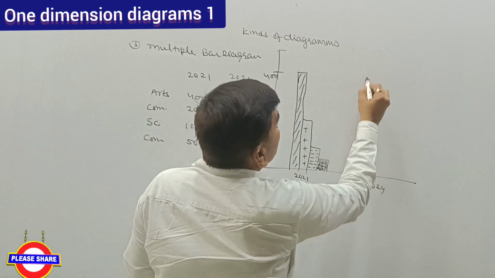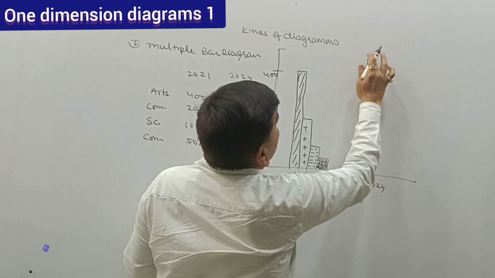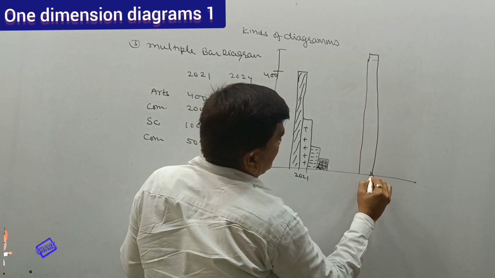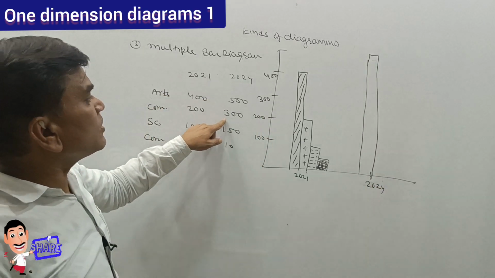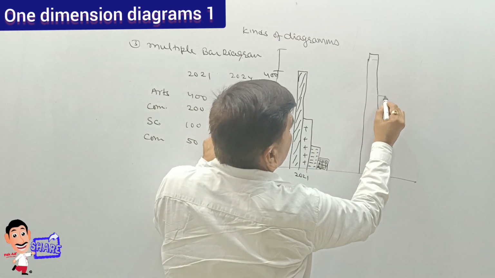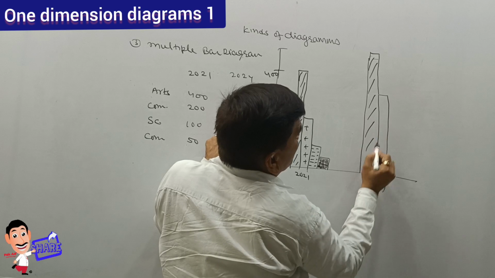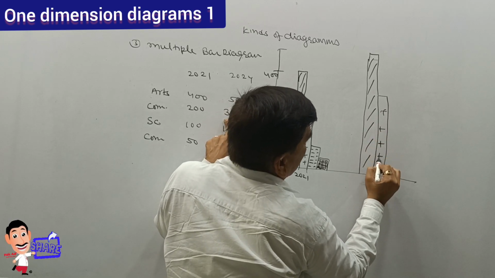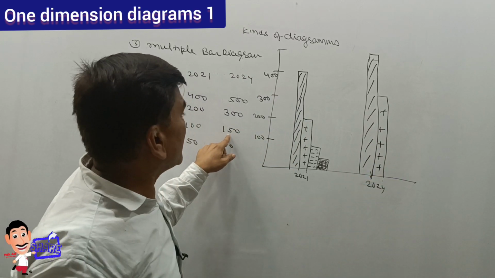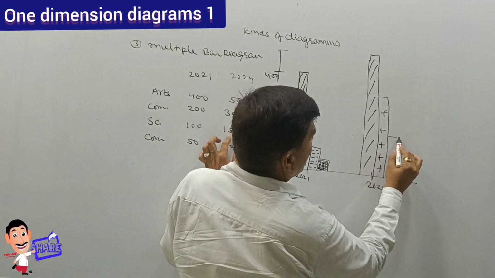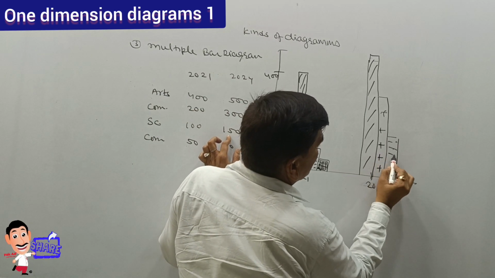In 2024 the number of arts students increased to 500. In commerce also there is an increase, it is 300. So the arts symbol was this, the commerce symbol was this. Science also increased to 150. So science was this.